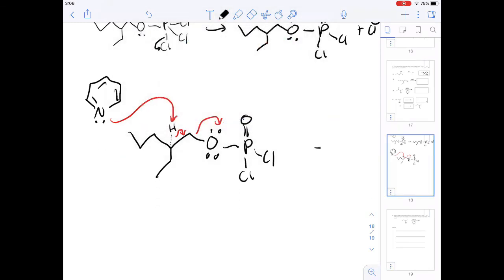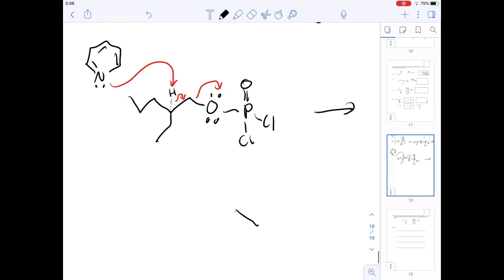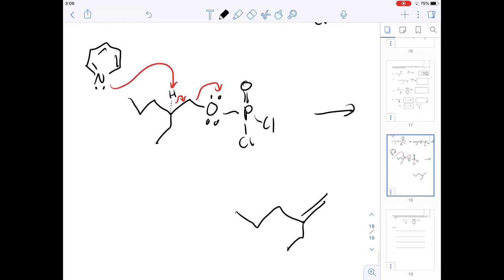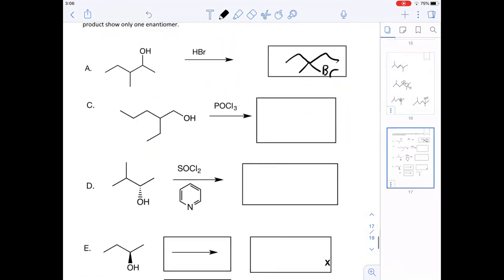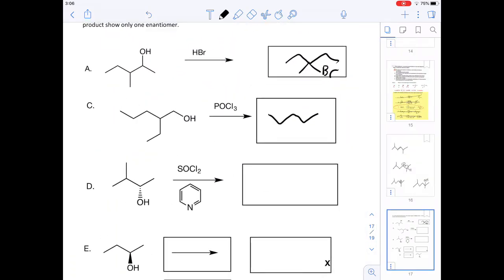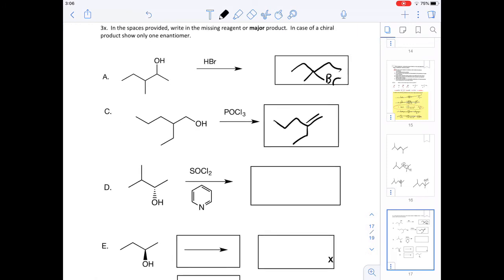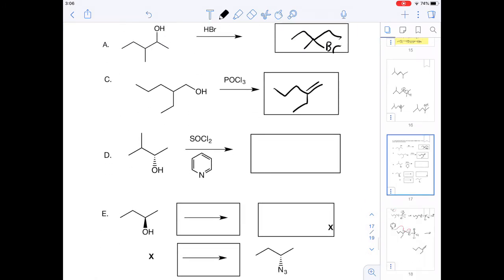And that is going to give you your product, which is just this. Okay, so I'm going to move that back into the box. So that is the answer to C.